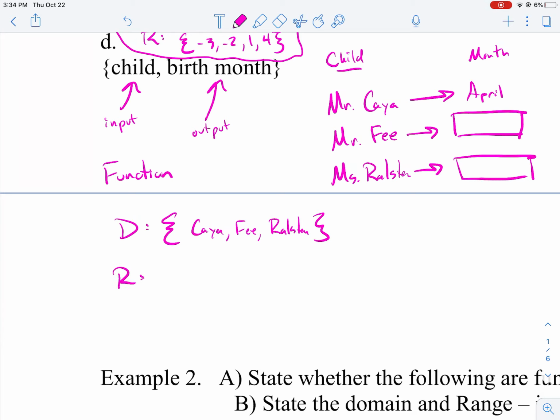Our range, however, okay, would have to be January, February, March, April, all the way to December. Okay, so our range is any one of those months, no more, no less. All right, but again, your domain is just whoever the child is, and your range is all of the months.